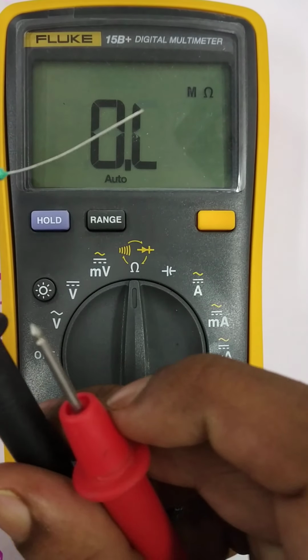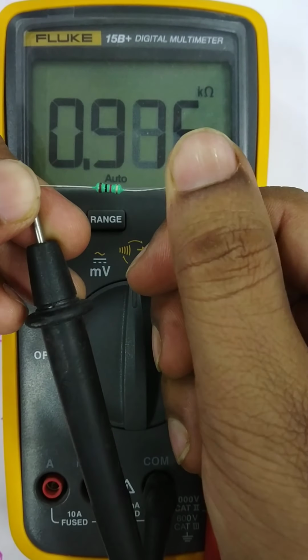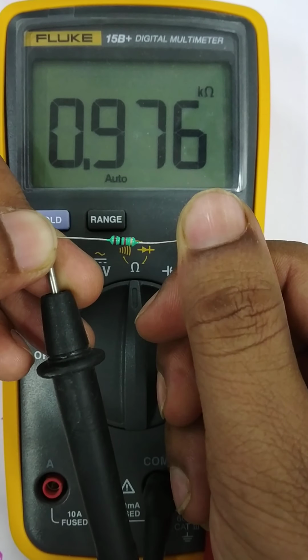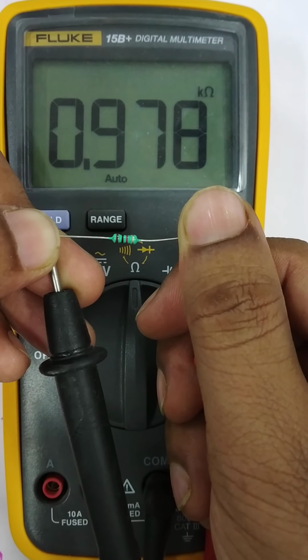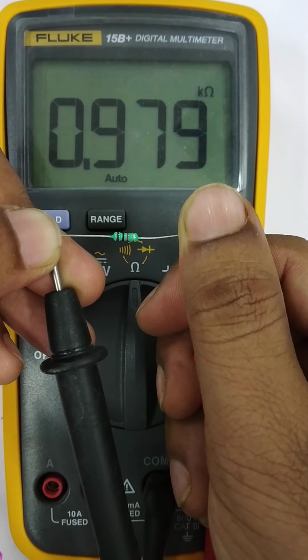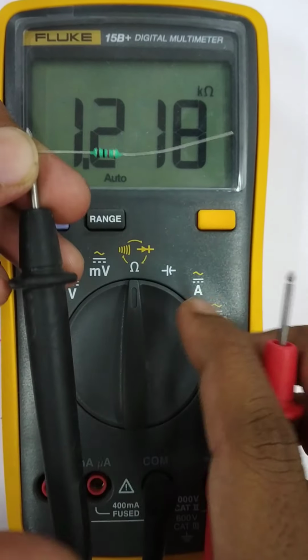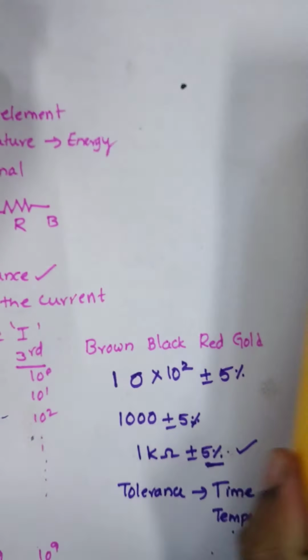Now I am connecting it to the two terminals of the resistor. I can see 0.979 kilo ohm, which is approximately 1 kilo ohm, so we have calculated it correctly.